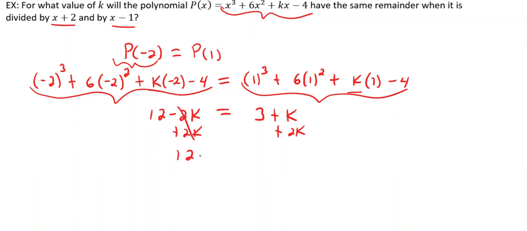So we get 12 is equal to 3 plus 3k. And then solving for that, you'd end up with k is equal to 3. All right, that's it.